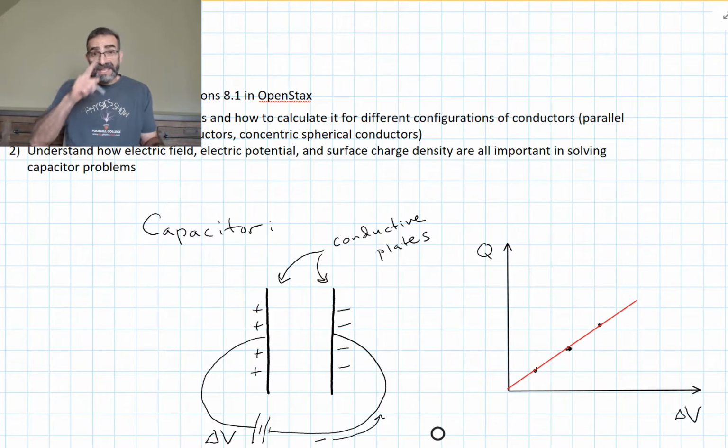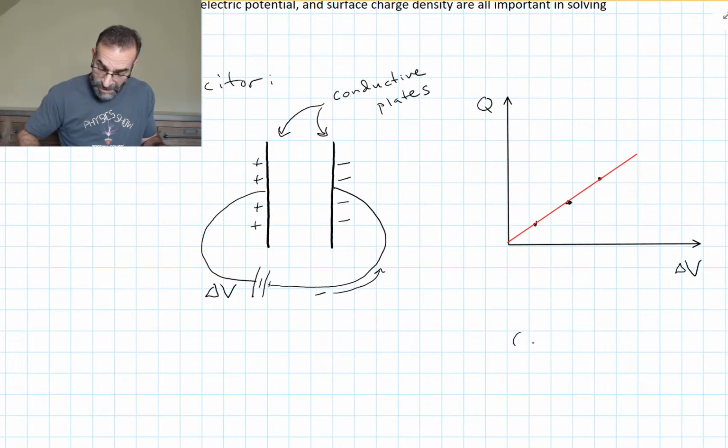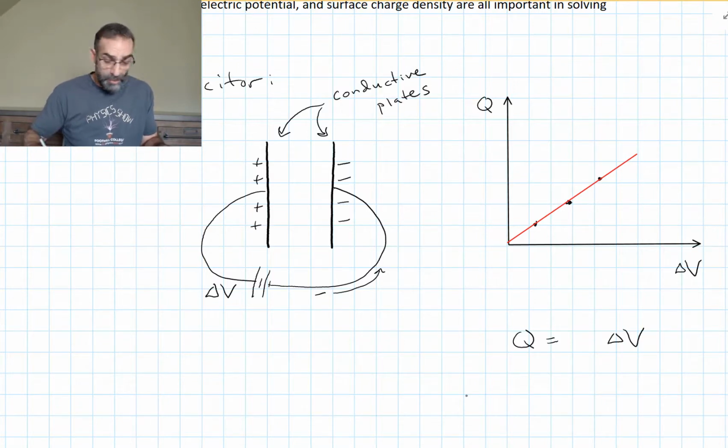The charge that gets transferred from one plate to the other is proportional to the potential difference that our battery, or our DC power supply, is supplying. The charge is proportional to delta V. We want to put an equal sign here, so we need a proportionality constant.